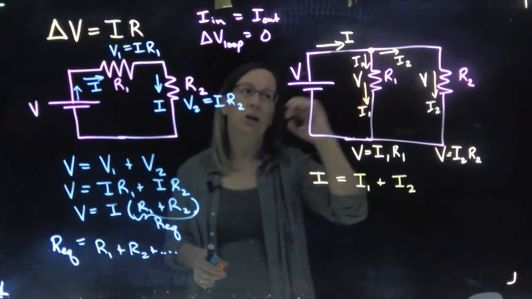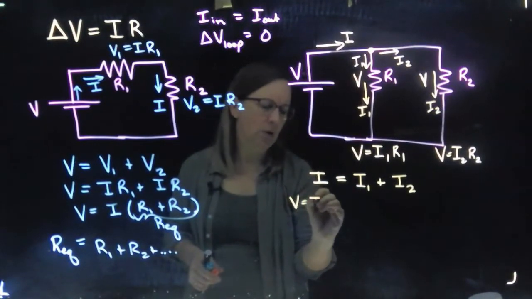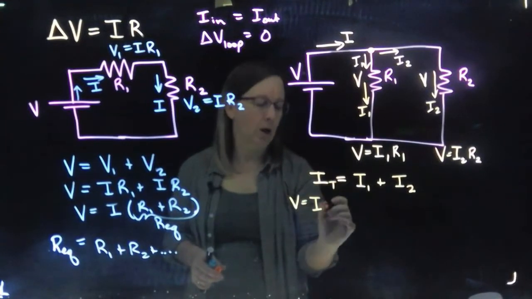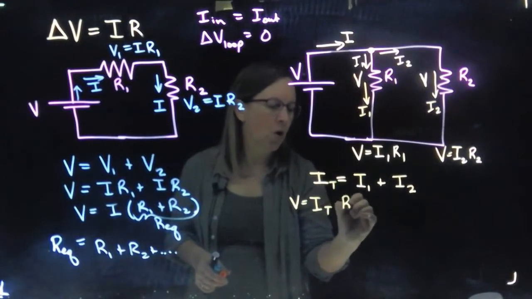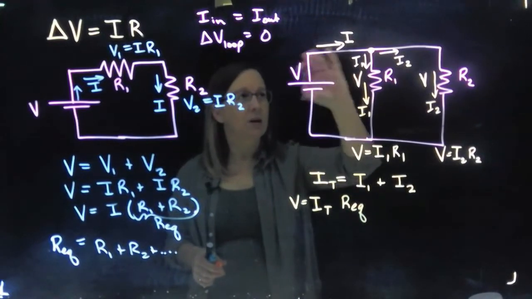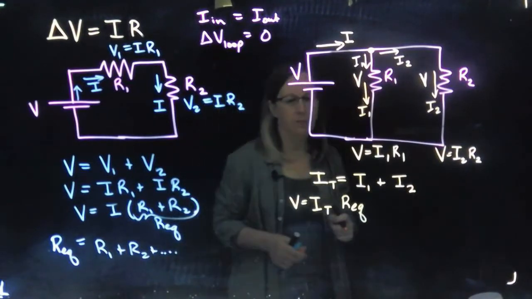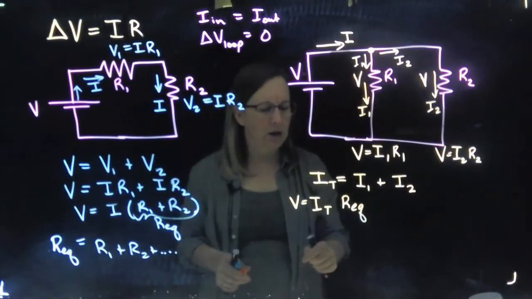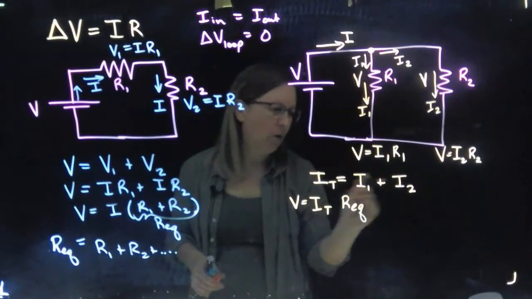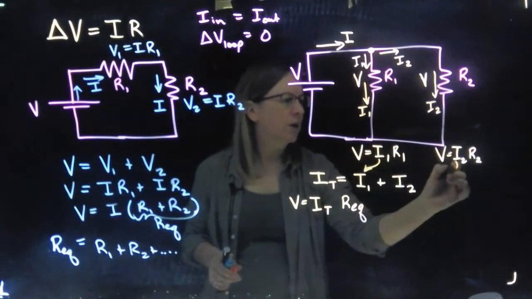And one way we could look at this is we could say V is equal to I total, if you like, times R equivalent, the equivalent resistance. That would be V is equal to I times whatever these two could be replaced by. And so if we put that in, or if I substitute, doesn't really matter, I'm going to substitute in here and in here.